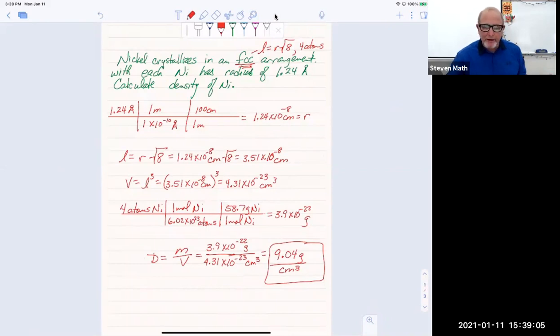It's a little bit of calculation, nothing too hard, just a little convoluted with a few calculations and conversion factors that we have in there as well. But that's a basic unit cell density calc.